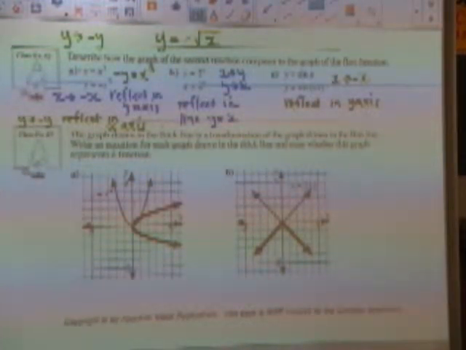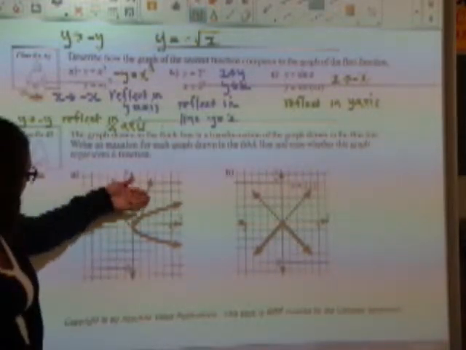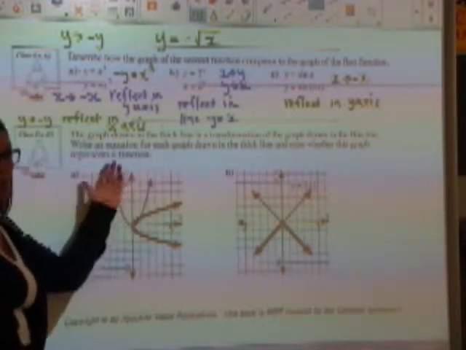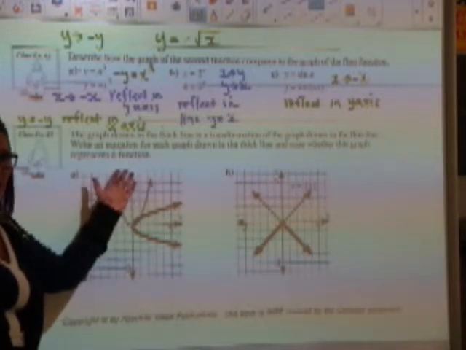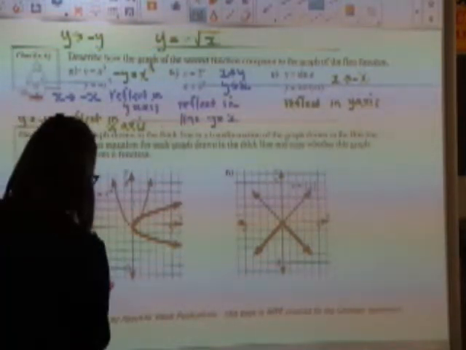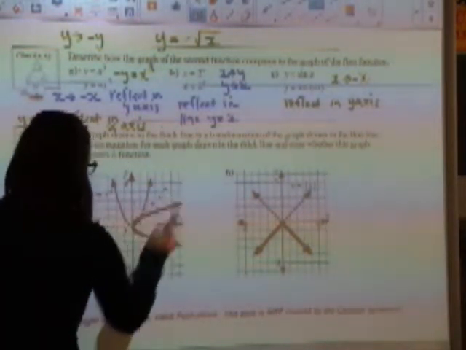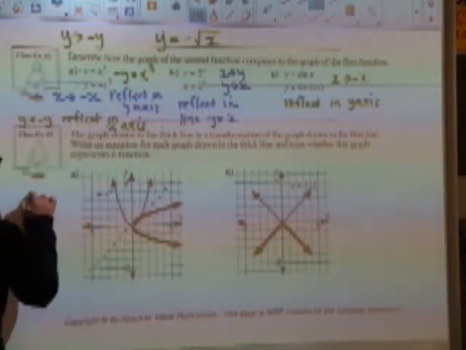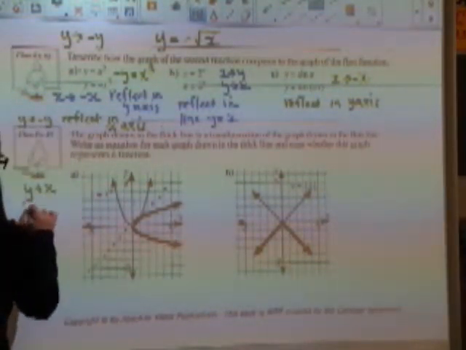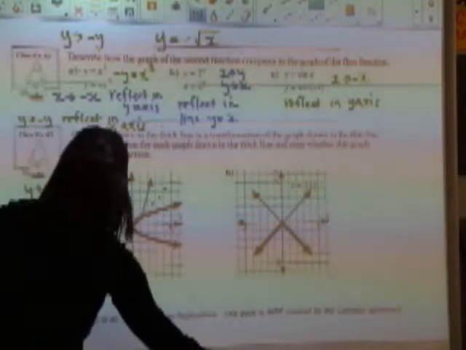Is this line reflected in the x-axis, the y-axis, or the line y equals x? It's going to be the line y equals x. Because if it was the x-axis, it would go down. If it was the y-axis, it would actually be the same line. So my reflection line is here.